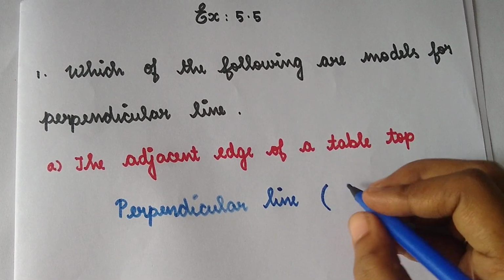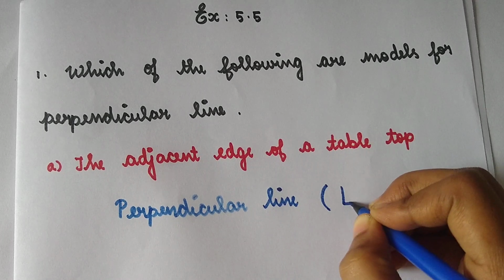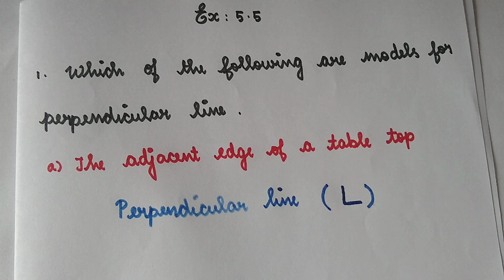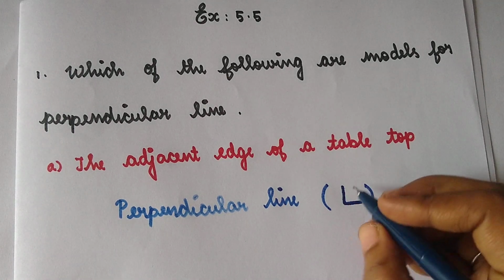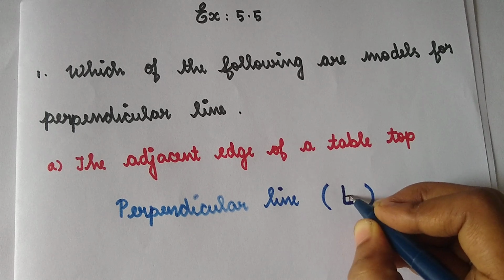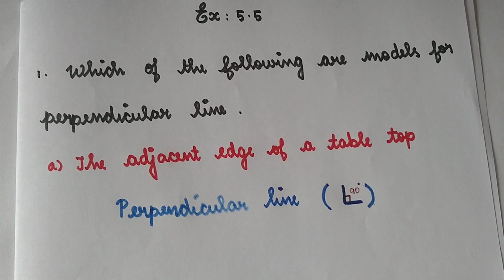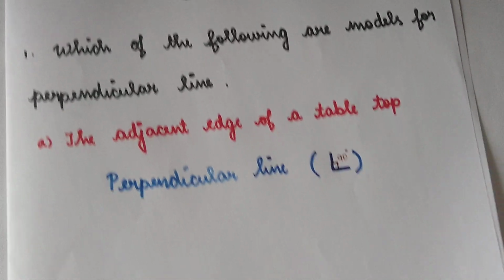The shape of the tabletop looks like this. It forms 90 degrees. So it is called a perpendicular line.